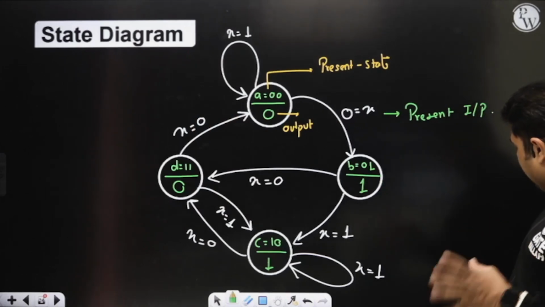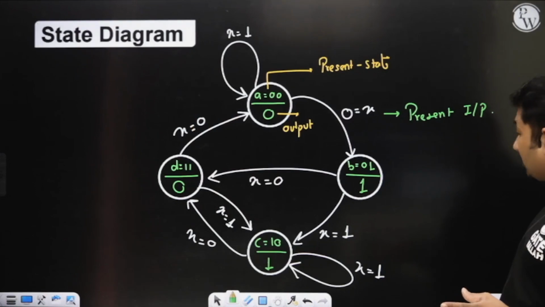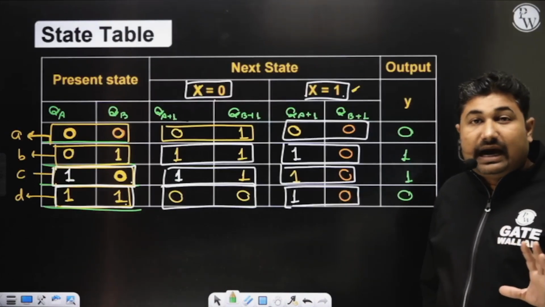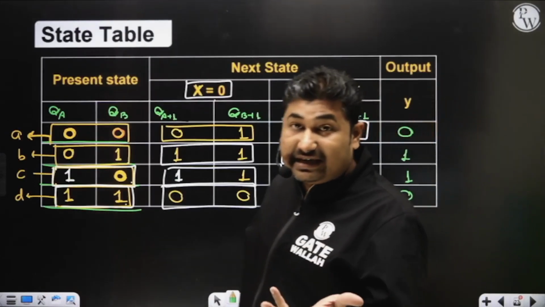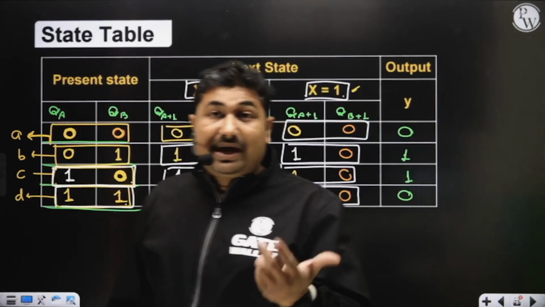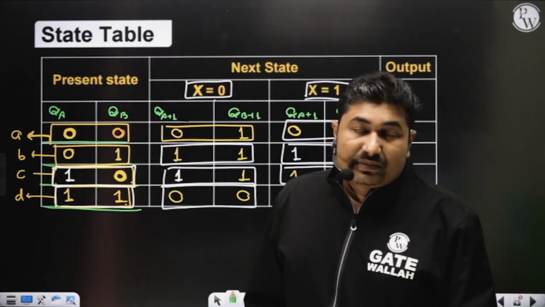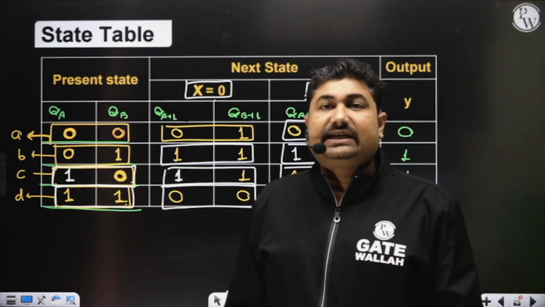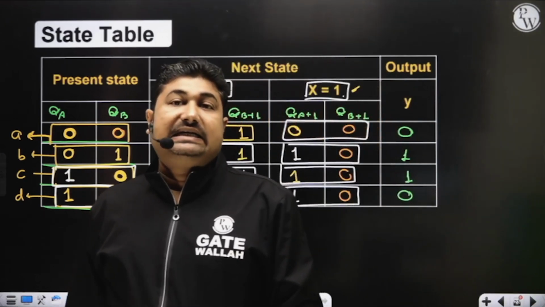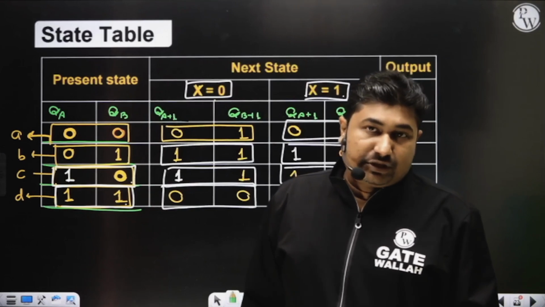Now I'm hoping you have clear information about the Mealy and Moore machine. I'm interested in designing any desired circuit using Mealy or Moore. Mostly, the finite state machine finds wide application in digital data transmission.